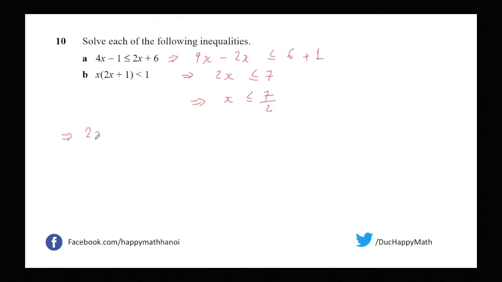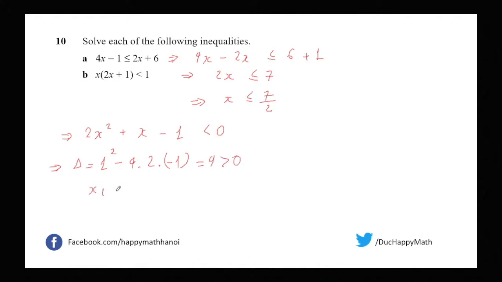Question B. Expand first, you will get 2x squared plus x minus 1 less than 0. So you have to find the delta to set the value of x equal to 0. The delta will be equal to 1 squared minus 4ac, which equals 9.